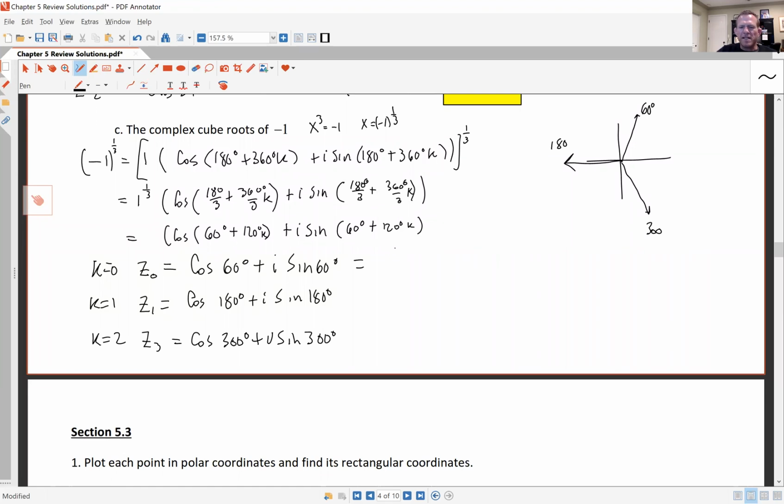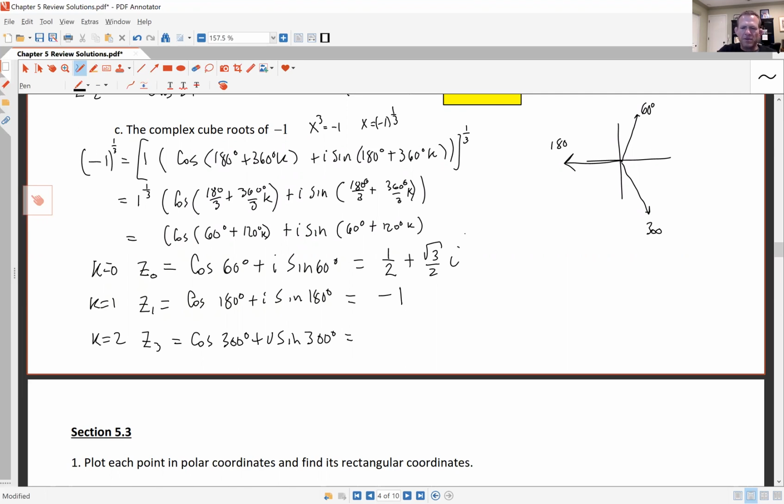Okay, now putting them in rectangular form, we got cosine of 60 is 1/2 plus sine of 60 is √3/2 i. Cosine of 180 is -1 and sine of 180 is 0.